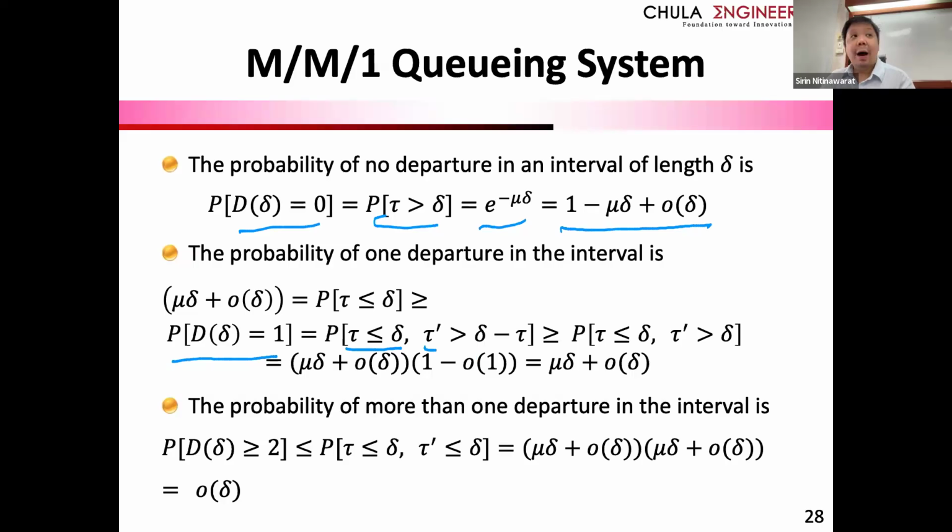If there is one departure within interval delta, that means this first tau has to be within delta.